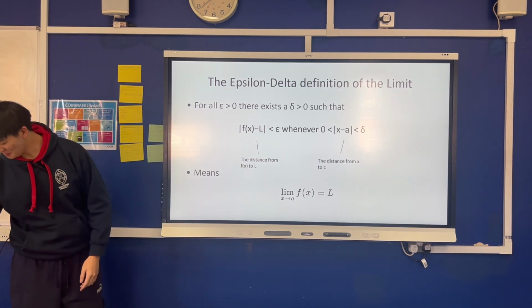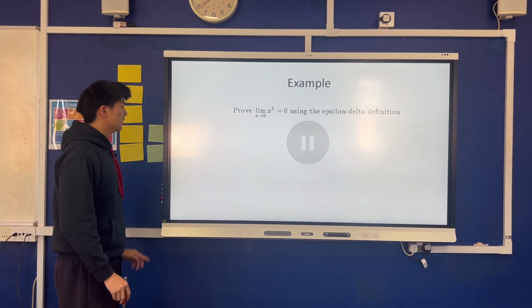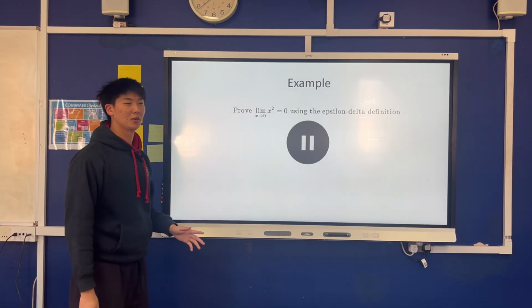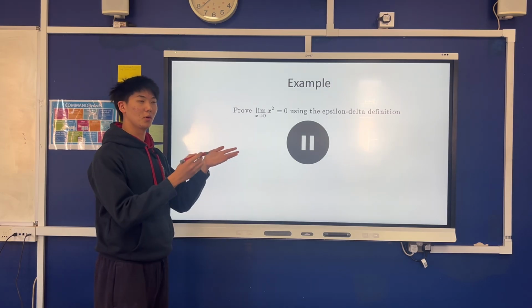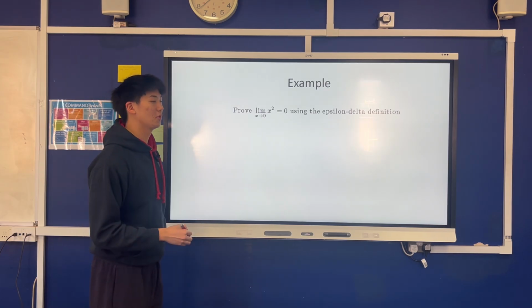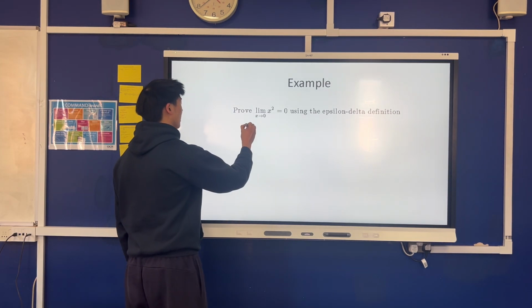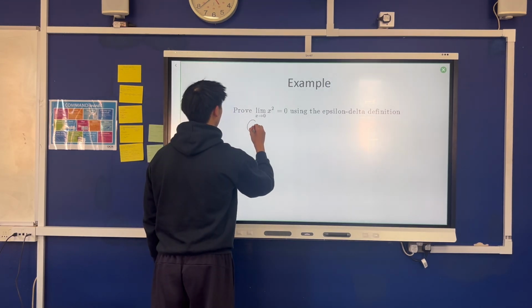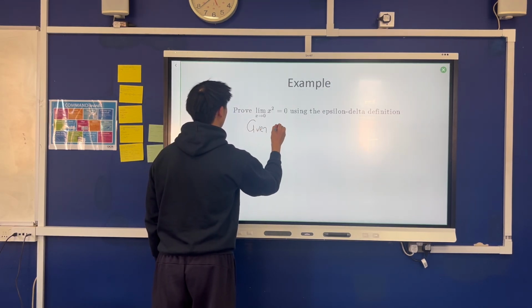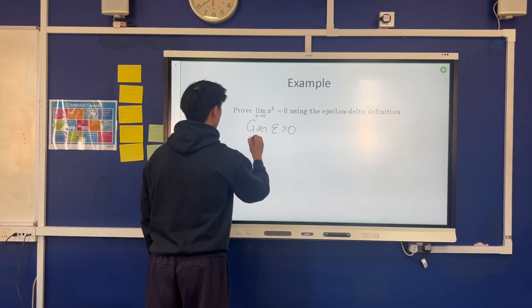Now we're going to do some examples. They might seem pretty futile because you're thinking, of course, x squared is going to be 0 at 0, but still we need to prove things properly. So we're going to start by giving ourselves an epsilon greater than 0, and we're going to choose a delta.